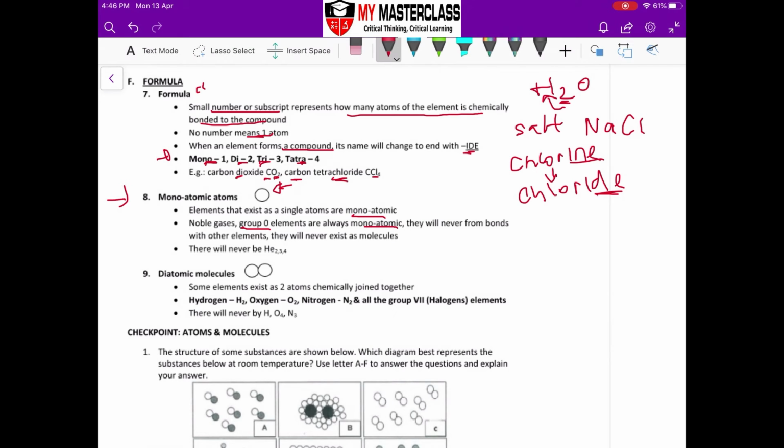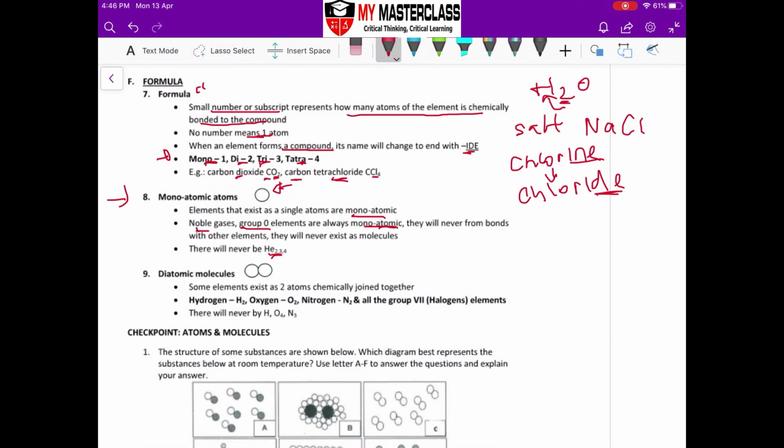Group 0 elements have another name, the noble gases, and they always exist as monoatoms. For example, you can never have helium as He2. Helium will only exist as He. They will never form bonds, and they are actually quite unreactive. So helium can never be He234.